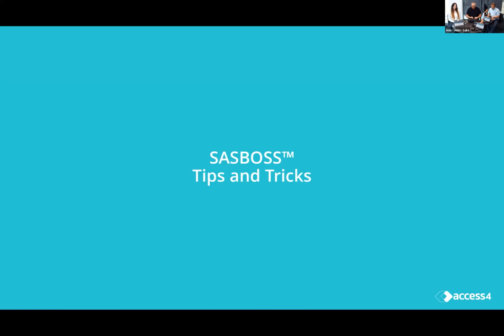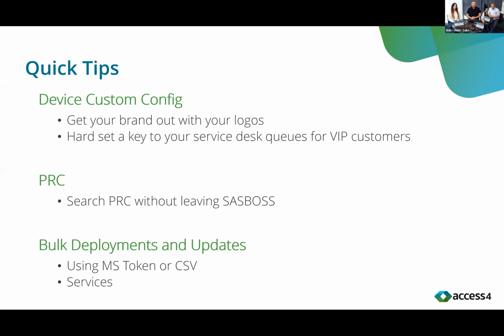All right, so a couple of things we're going to be covering today for tips and tricks. Device custom configurations. There are many times where you're doing a deployment for a customer and you end up doing the same thing again and again for multiple customers. I'm going to show you how you do this at a reseller level down to your customers. These can include things like putting your logos onto the phone, so that when your phone's out in the field with customers, it's potentially additional advertising for you directly from that customer site.